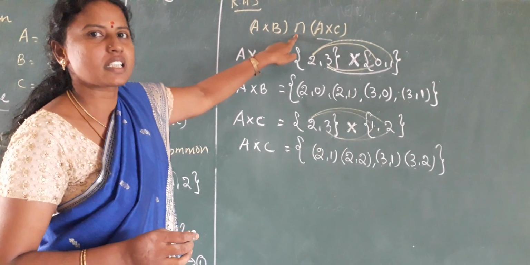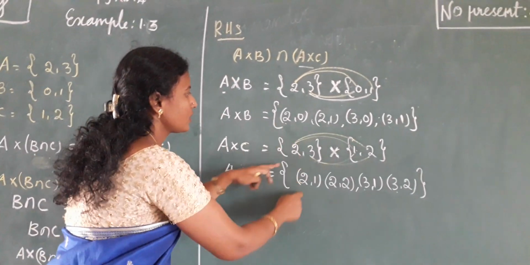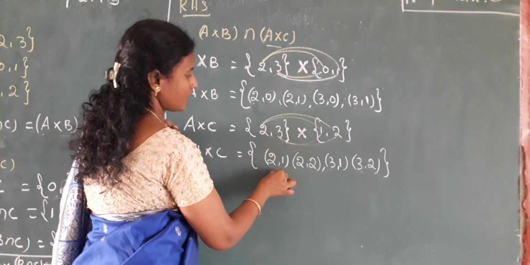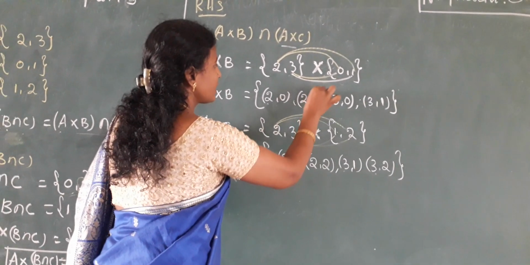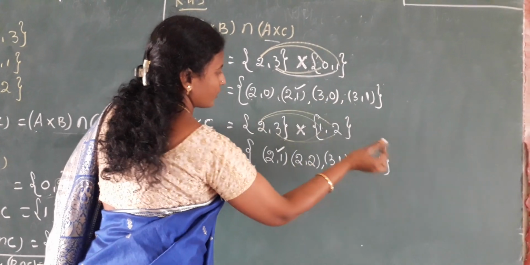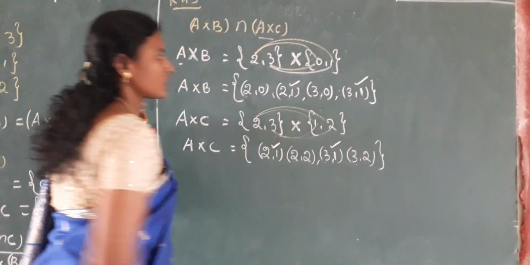Intersection. Intersection means common. Common means you have to compare both. Which is common? Here 2, 0 is not there. Here 2, 1 is there, here also 2, 1. Here 3, 0, there is no. Here 3, 1, here also 3, 1.